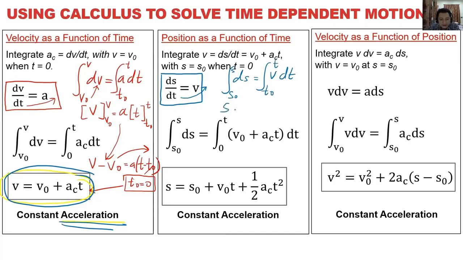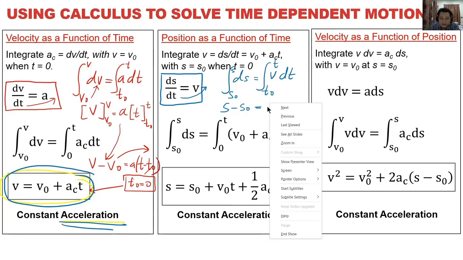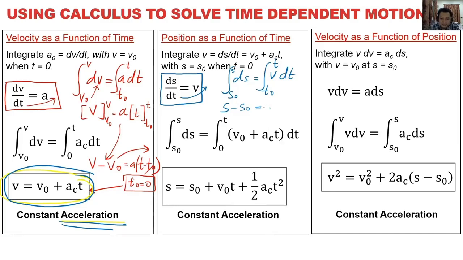So if you expand it, you're going to get S minus S naught is equal to... oh, I think we have to plug in some. Plug in this one over here: v naught plus at, dt.